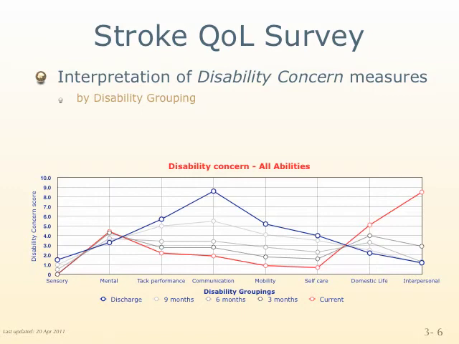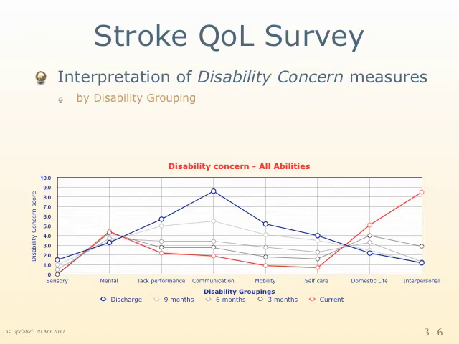The graph contains 5 sets of disability concern measures. The blue line being the disability concern measurement at the time of discharge, and the red line being the most recent disability concern measurement. The grey lines indicate previous disability concern measurements.